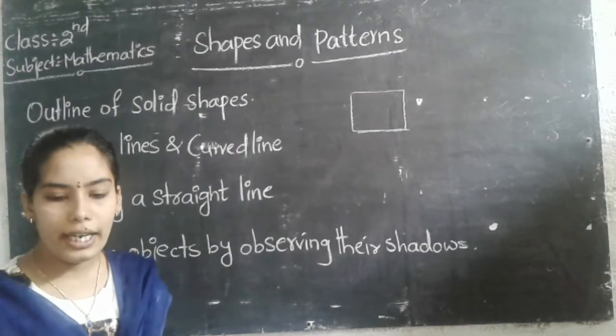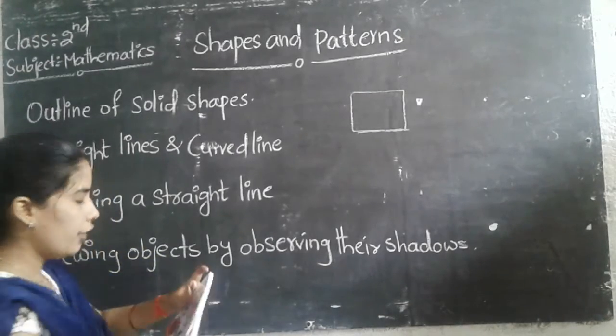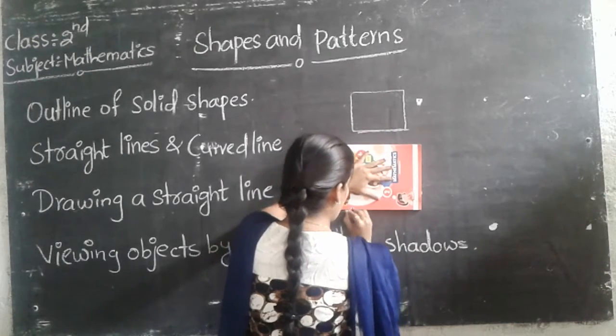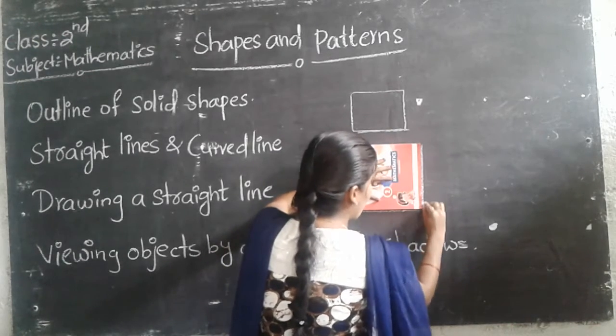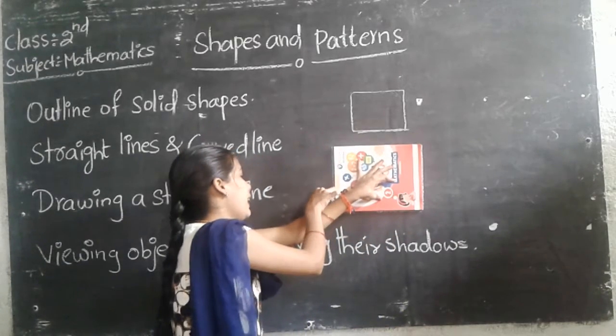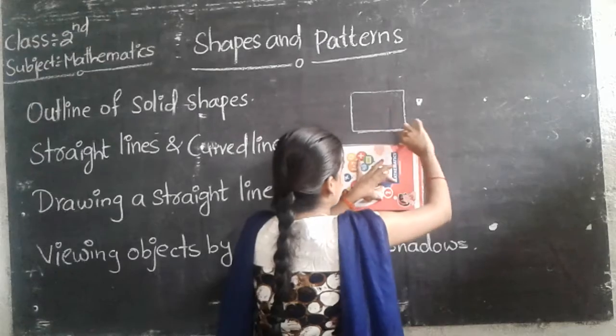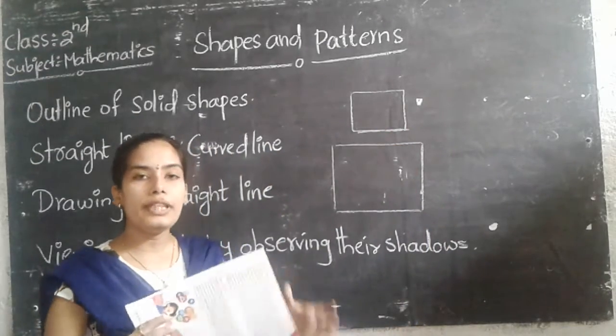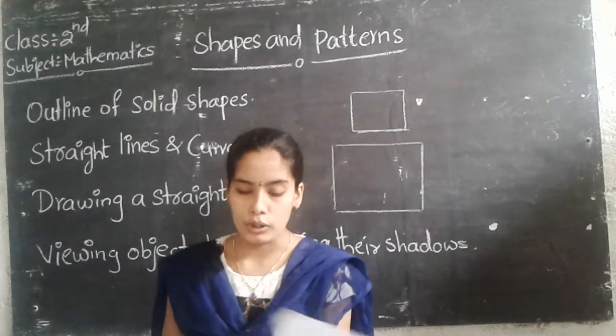In the same way, if you draw the outline of the given book, this is the outline part, the border. What do we get? Yes, we get the outline of the given book.